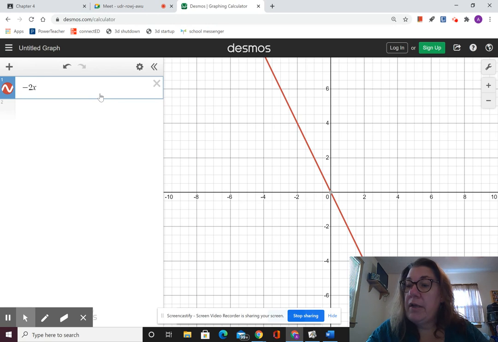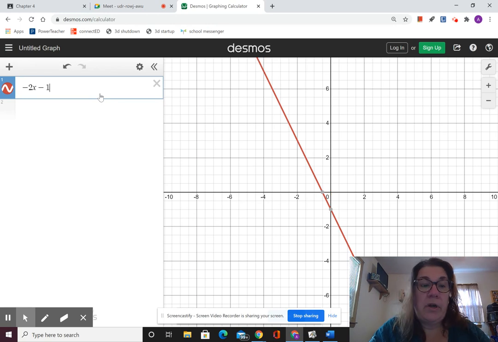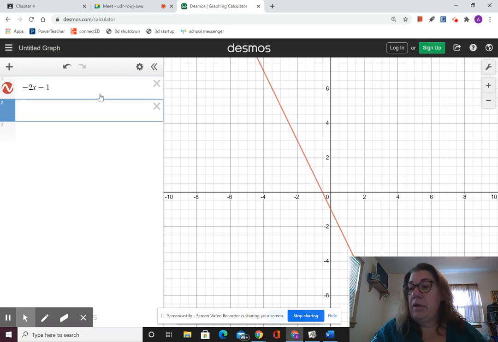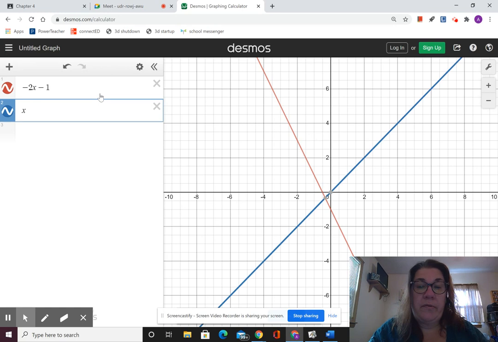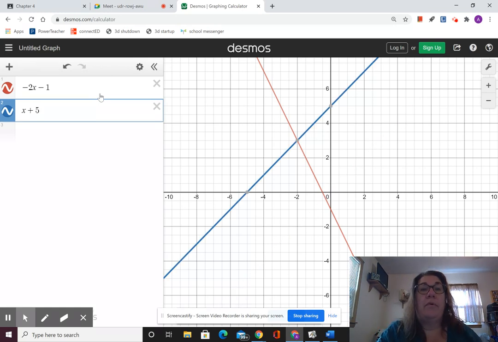Negative 2x minus 1 and x plus 5. So our point of intersection would be negative 2, 3.